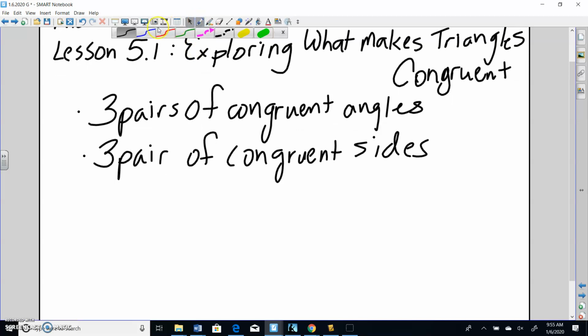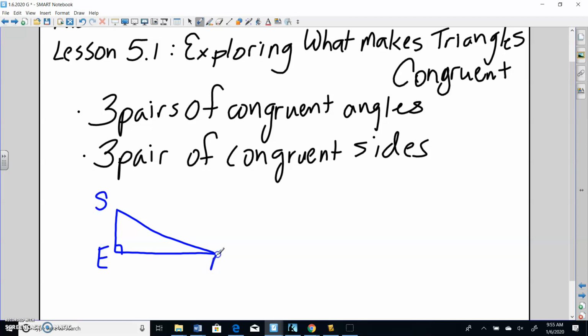So let's draw two triangles. Now, these aren't going to be to scale, and they're not going to be perfect. And I'm only going to write them as right triangles because that will hopefully help me make them a little bit better in terms of congruent. So we're going to call this triangle SEA, triangle C. And then we're going to call this triangle, what are we going to name it? Three letters.